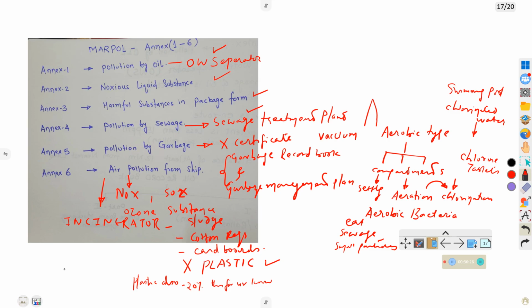Your answer should be what thing is not burned in the incinerator. It is the plastic.